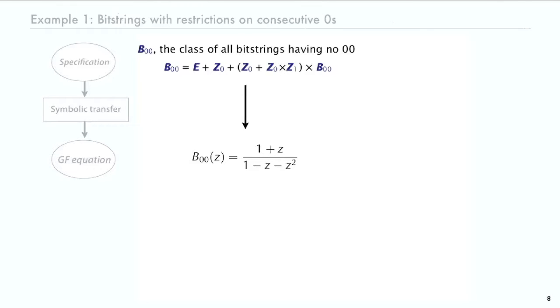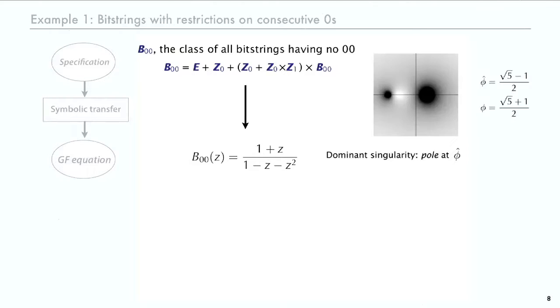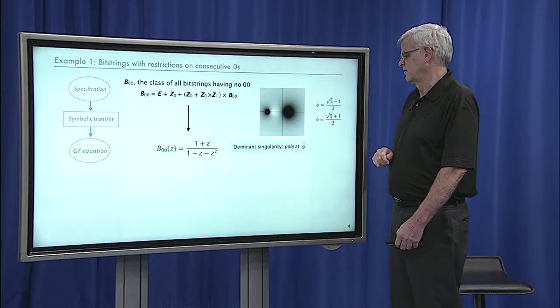That's a rational generating function. It's also meromorphic. This one has 2 poles. One of the roots is phi hat, square root of 5 minus 1 over 2, and the other one is minus phi, where that's the golden ratio. So 1 minus that times z, 1 minus that times z will give the result.